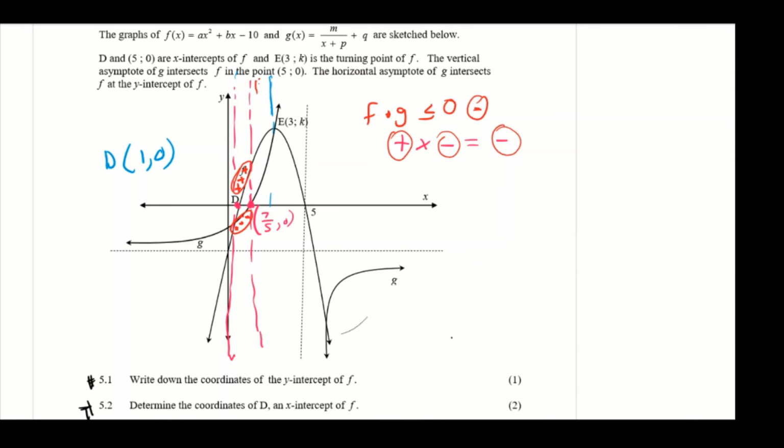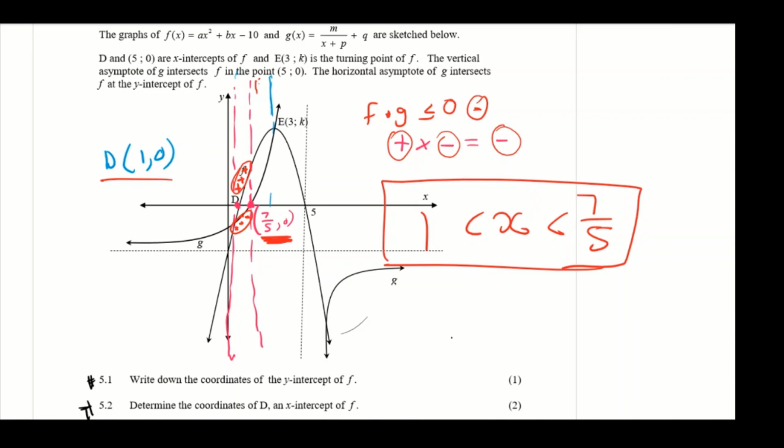So what are the x values when this happens? You're going to use the d and this intercept of 7/5. So we're going to say when x lies between 7/5 and 1, then you're having solutions of y which are less than or equal to 0. So this is the solution for your question here.